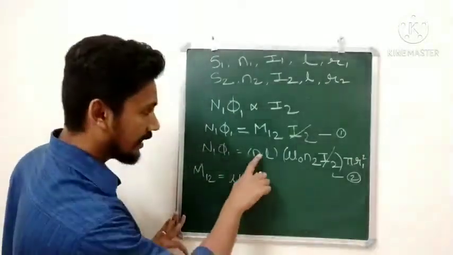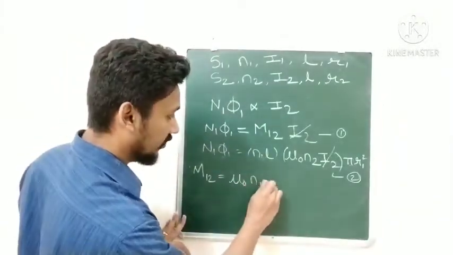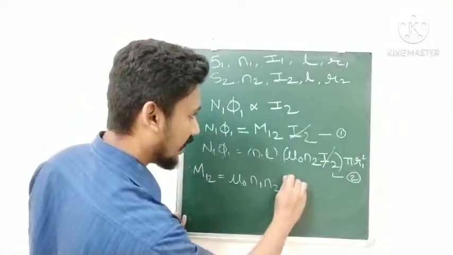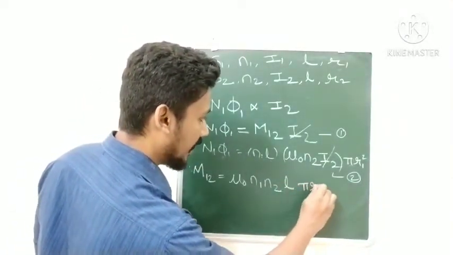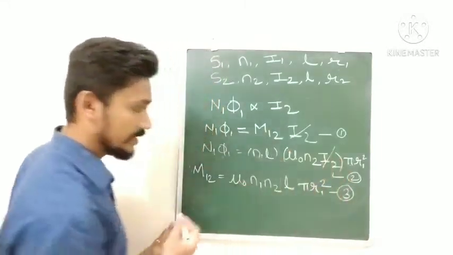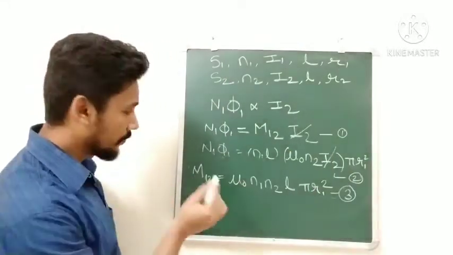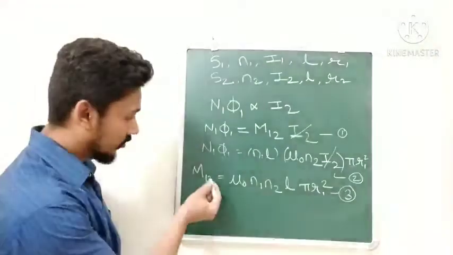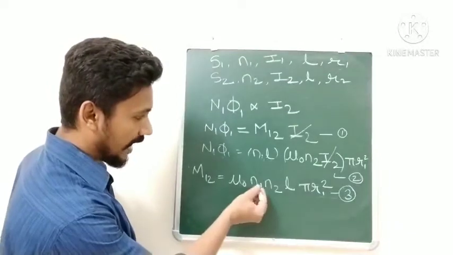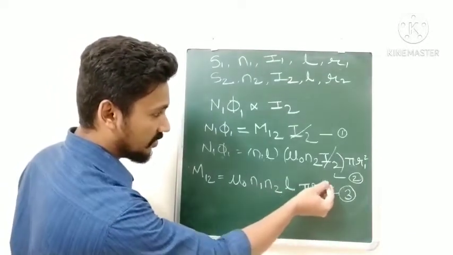Mu naught, then we can take N1, N2, then we are left with L into pi R1 square. Let us call this equation number 3. So equation 3 gives mutual inductance of coil 1 with respect to coil 2, which is equal to mu naught N1 N2 L pi R1 square.